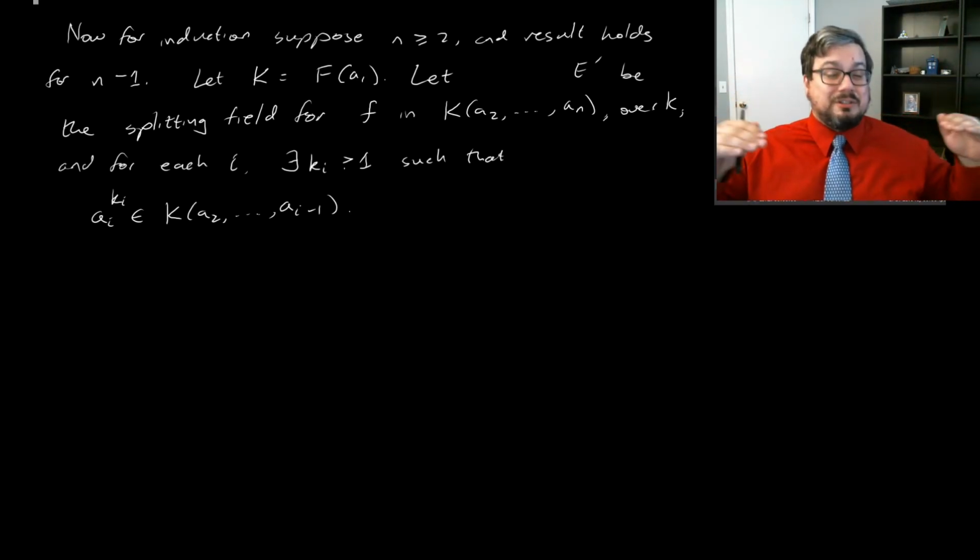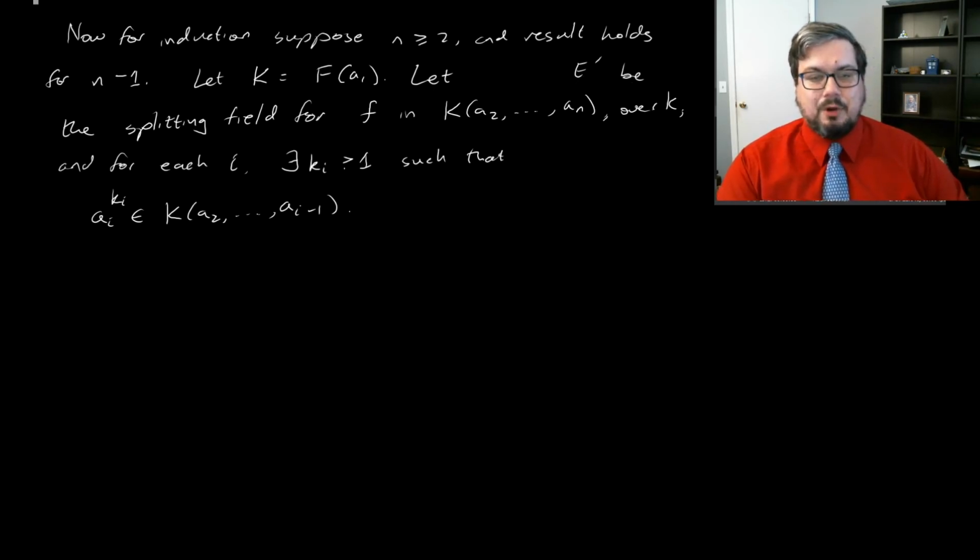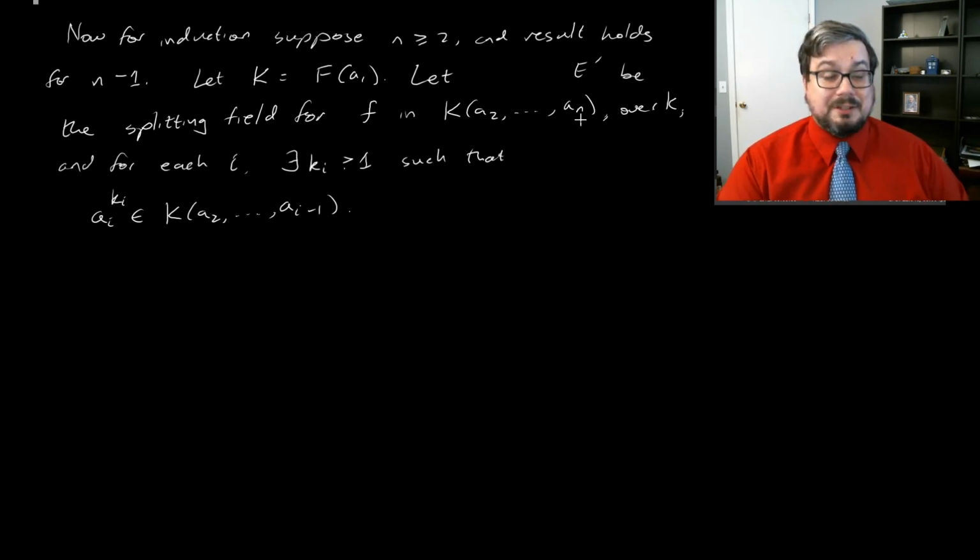So this E prime might be slightly bigger than E, but we're going to be able to correct for that. So let's let E prime be the splitting field for f over this field K, F of a1. We have this same property that we need.